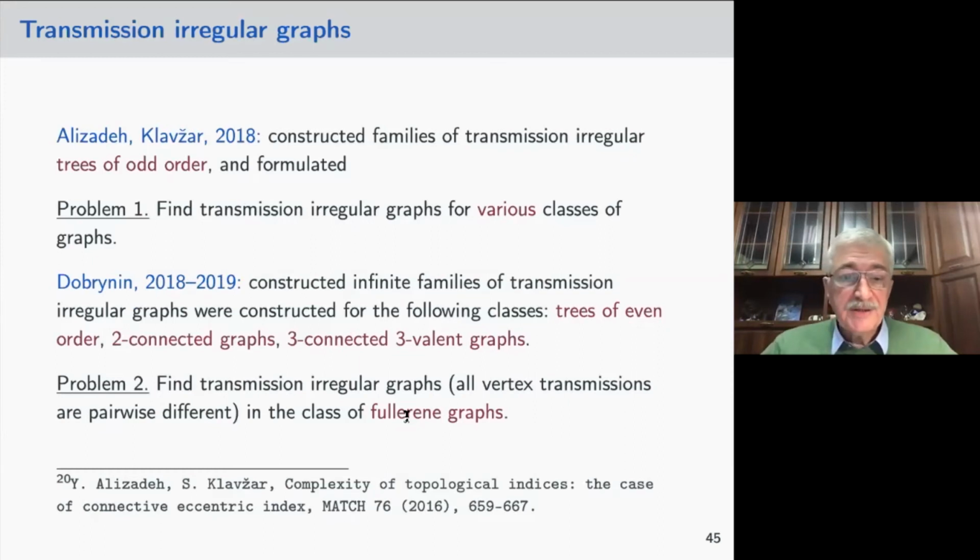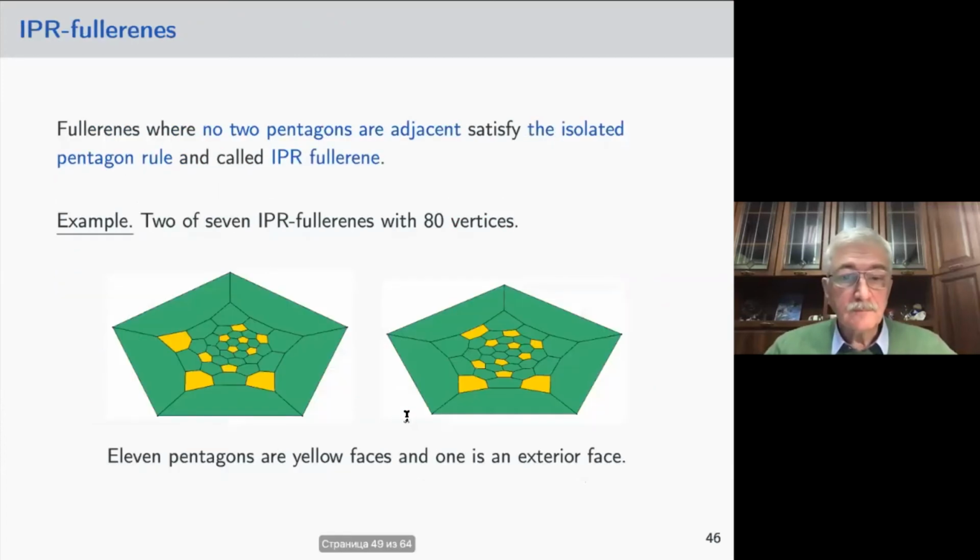And we calculated a lot, and I will report to you about our calculations. But firstly, among fullerene graphs, there are also some special subgraphs called isolated pentagon rule graphs, IPR graphs. It's a graph in which no 2 pentagons are adjacent. You can look at the picture. There are 2 pictures of graphs with 80 vertices, just projections onto the plane.